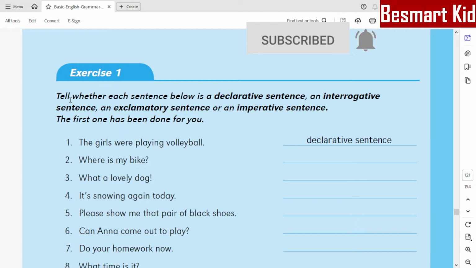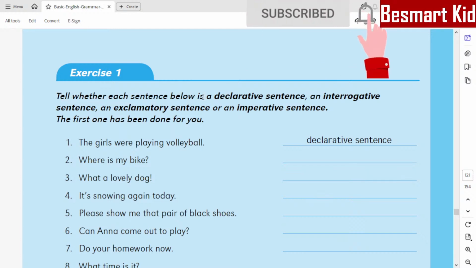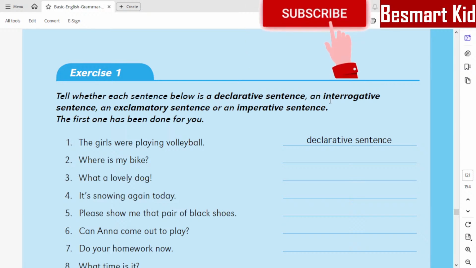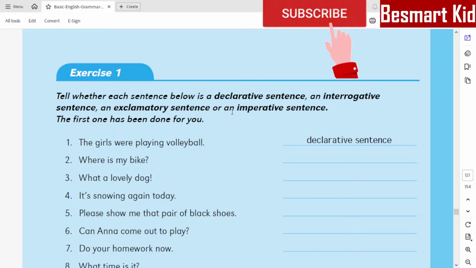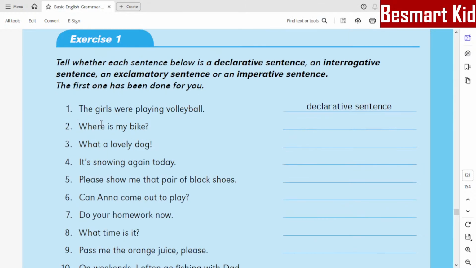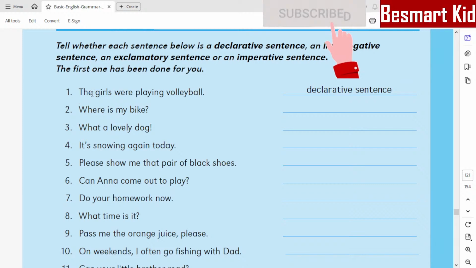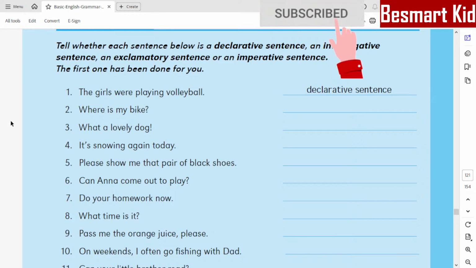Exercise 1. Tell whether each sentence below is a declarative sentence, an interrogative sentence, an exclamatory sentence, or an imperative sentence. The first one has been done for you. First, the girls were playing volleyball. This is a declarative sentence.